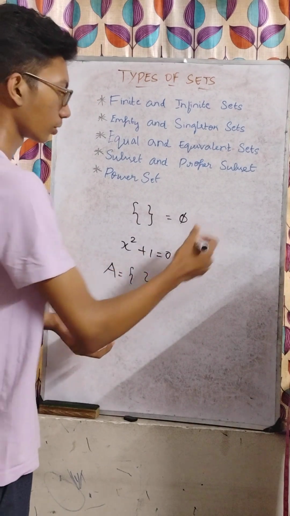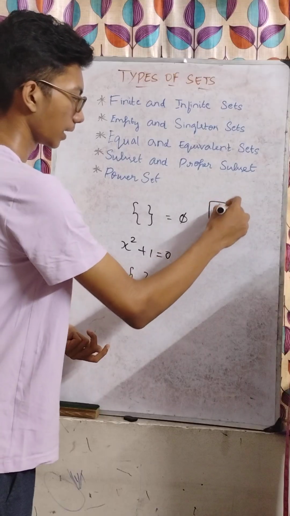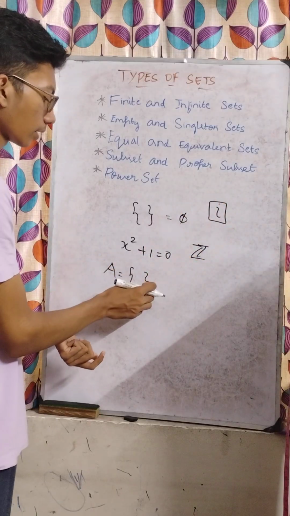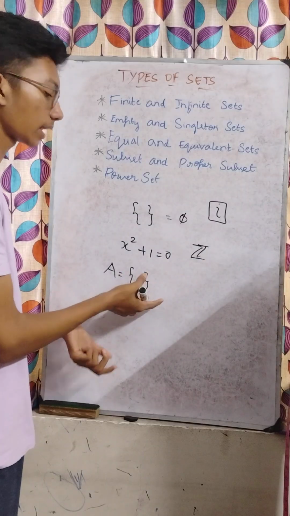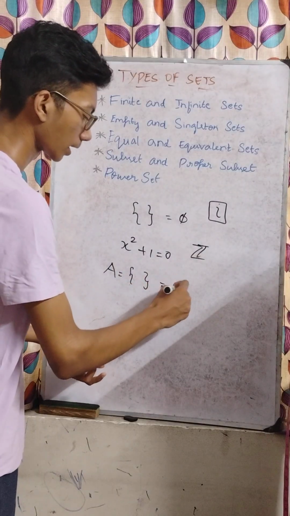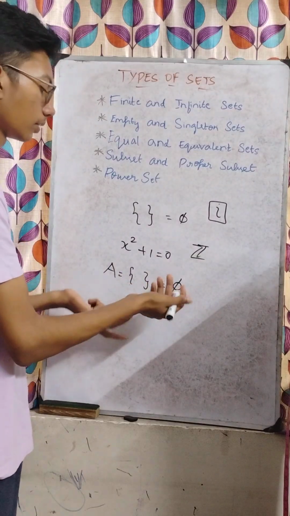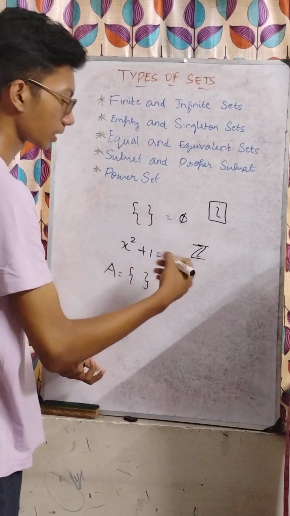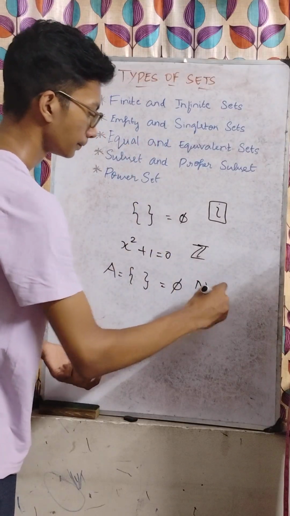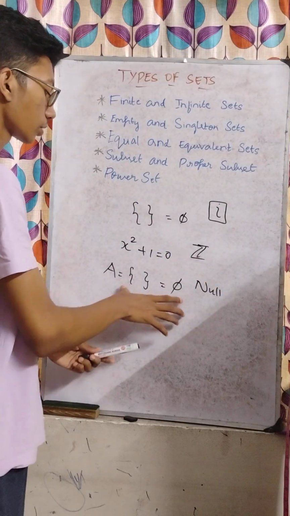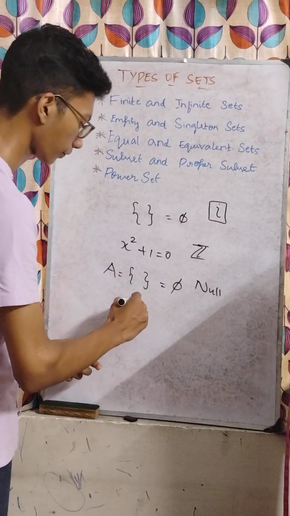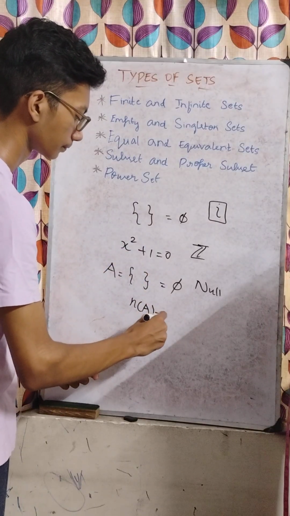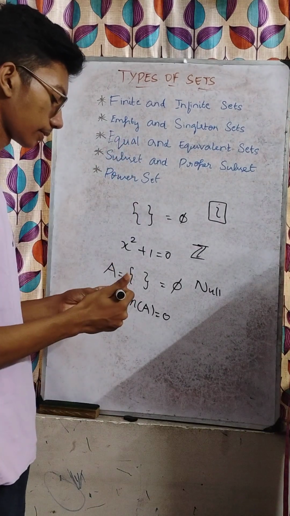Can we get that? No. The only values are i, which is imaginary. So we cannot have any integer solution to this equation. So it is an empty set, otherwise called a null set. So if a set has no elements, then n of A equals 0, and it is an empty set.